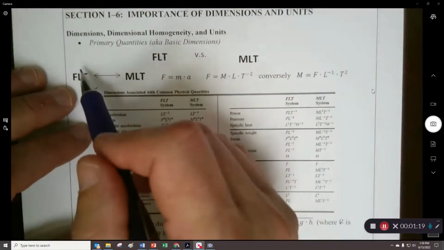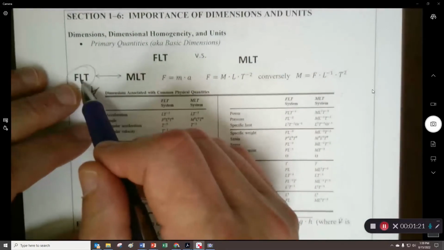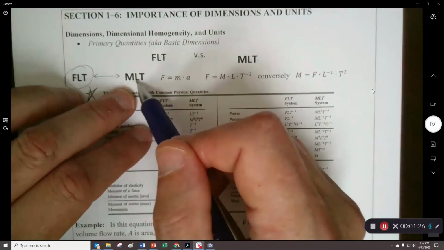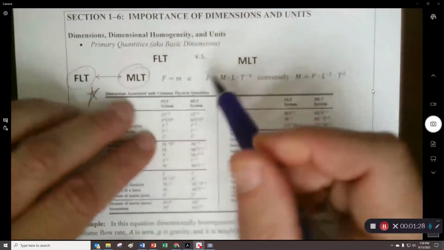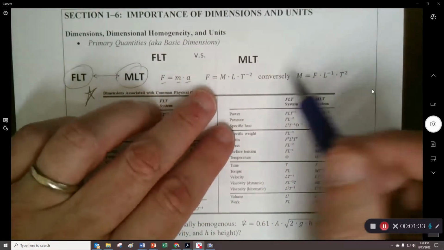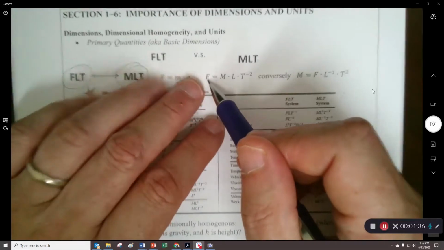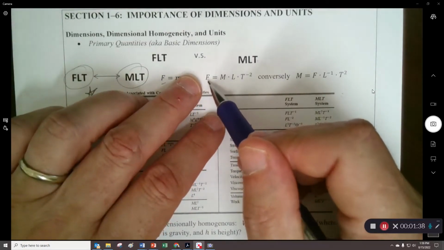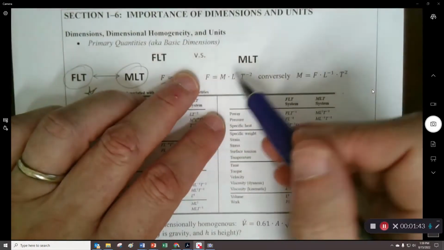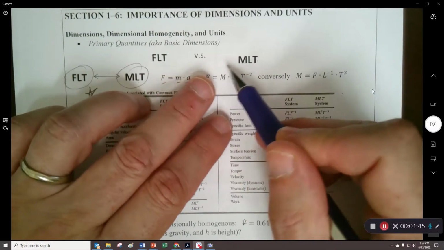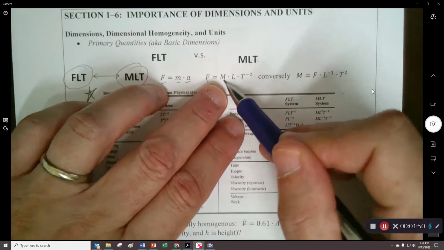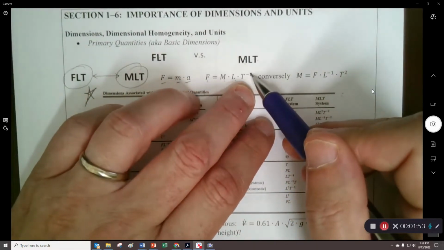So regardless, we could either find what the dimensions are in the FLT system, where we have force, length, and time, or in the MLT system, where we have mass, length, and time. And the way to connect them is through F equals ma, right? So just note that if you're looking at a parameter's units and you see a force, and you want to turn it into the MLT system, just replace F with M, L, and T to the minus 2, right?